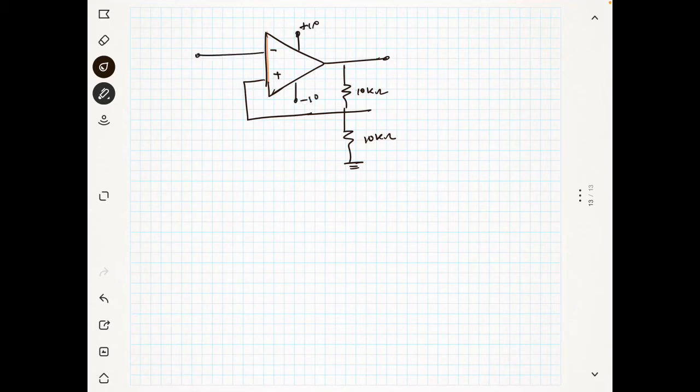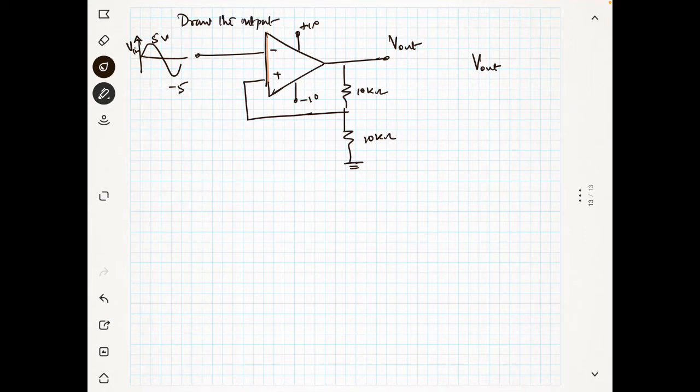I am giving some voltage here. This is changing from 5 volt to minus 5 volt. Okay, this is Vin. So this is a Schmitt trigger circuit. So draw the output of this circuit.